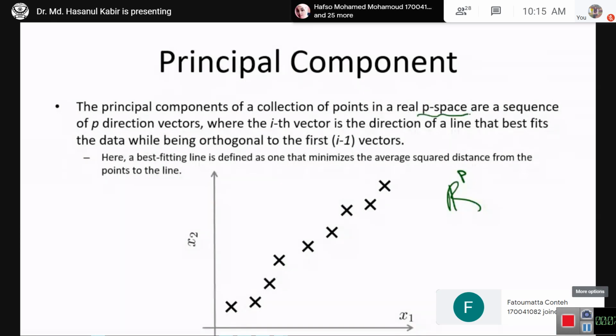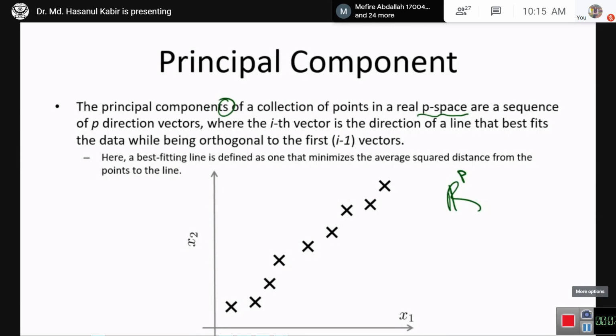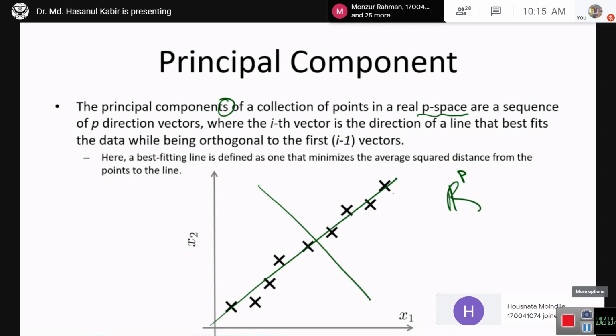So here we have talked about these principal components, that means we want to find a set of directions which will best describe the data. If I take one of the directions in this direction, another direction will be in that direction. So the first principal direction is perpendicular to the other, right? Yes or no? Yes, sir.